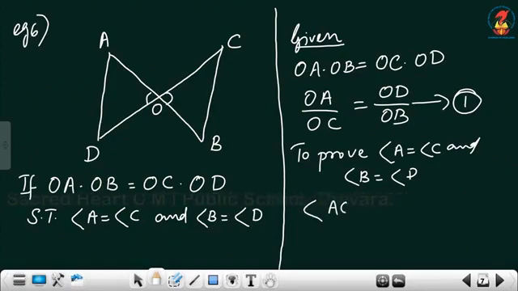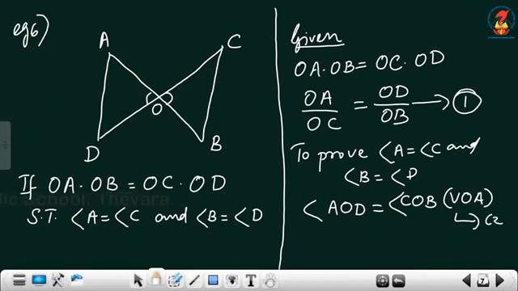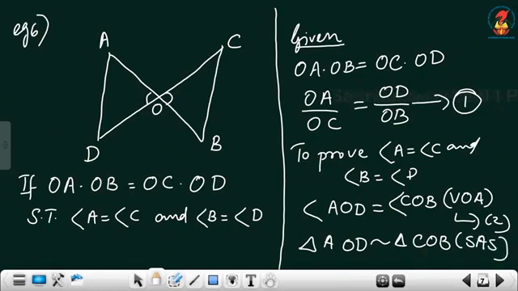Angle AOD is equal to angle COB using vertically opposite angles. Using 1 and 2 we can say both these triangles are similar using SAS criterion. Triangle AOD is similar to triangle COB using SAS criterion.